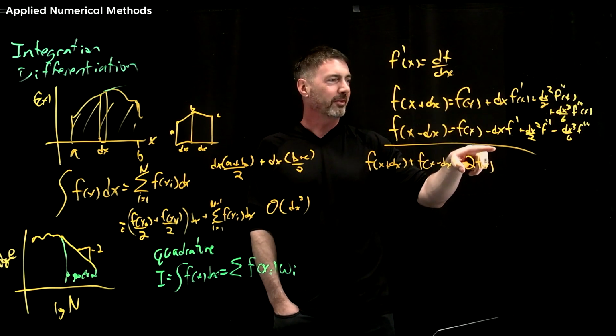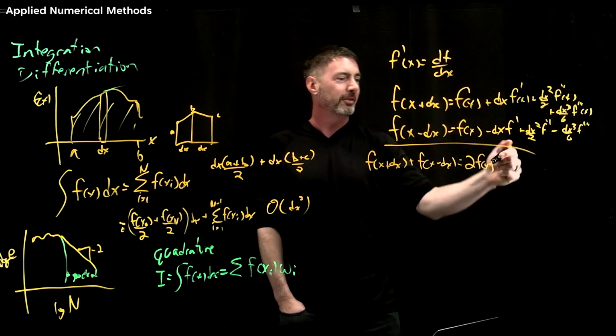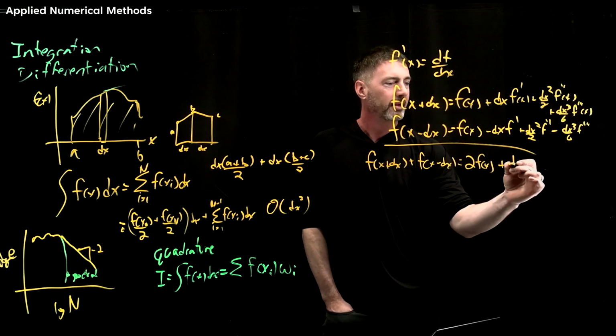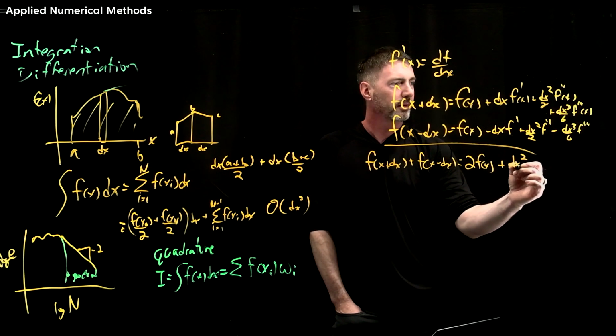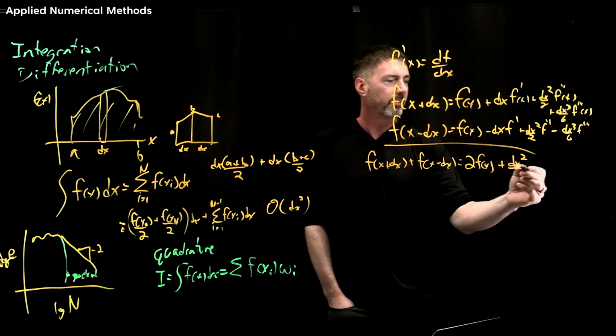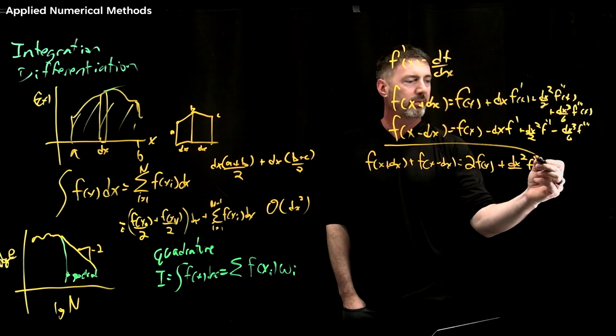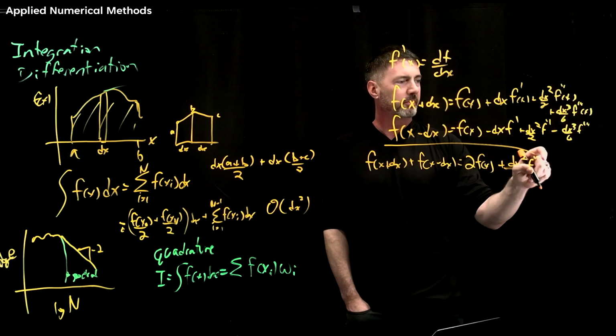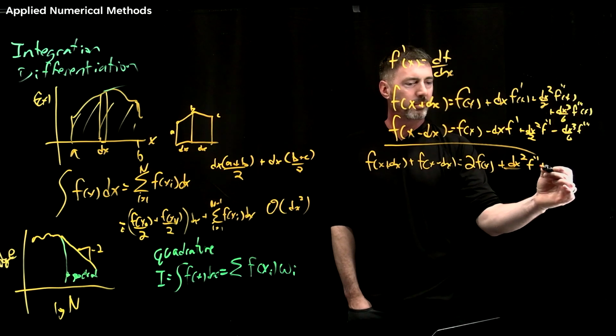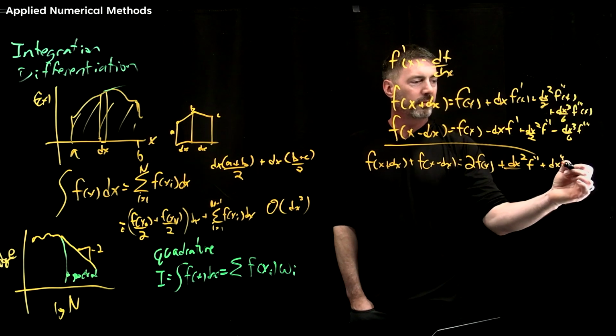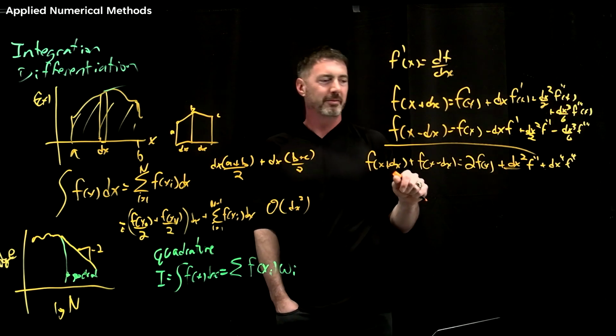We'll do that one first. The first derivatives cancel, and then you have plus dx squared f double prime. The triple derivatives cancel, and then we have plus dx to the fourth times the fourth derivative of f. All right, so I'll do the second derivative.